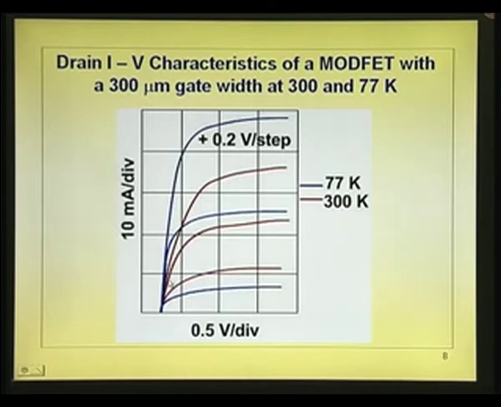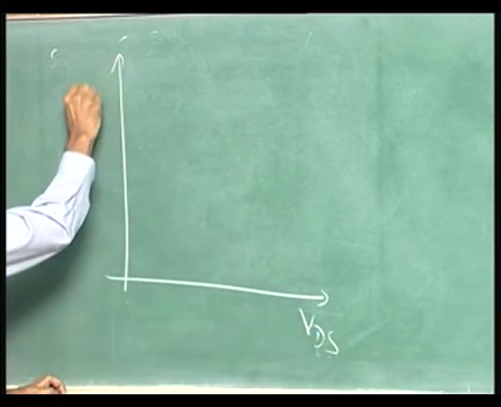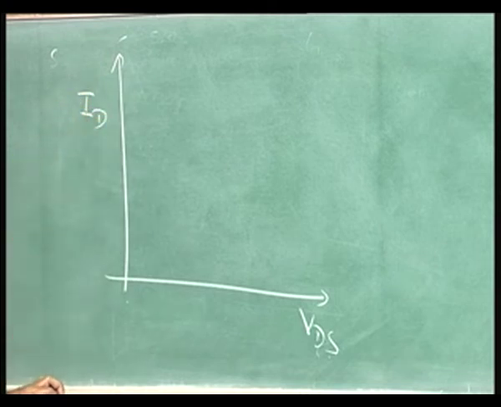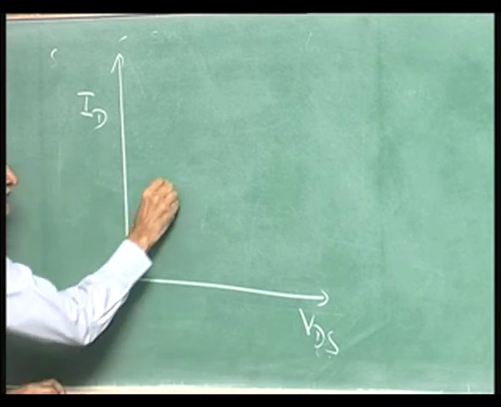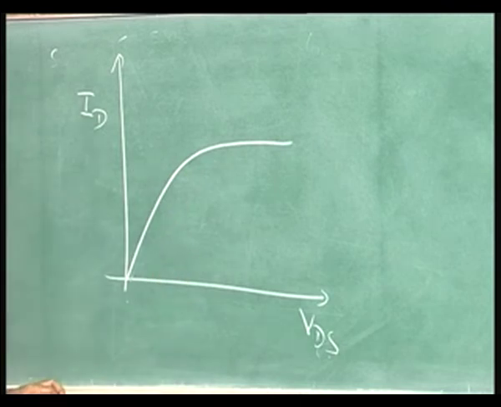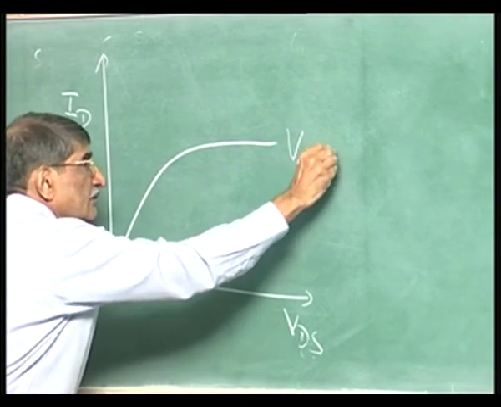I will just go to the board and plot it so that it becomes clearer. To avoid confusion, I will plot one characteristic, VDS versus ID. At room temperature you have that characteristic, for VGS equal to say 0.4 volts.